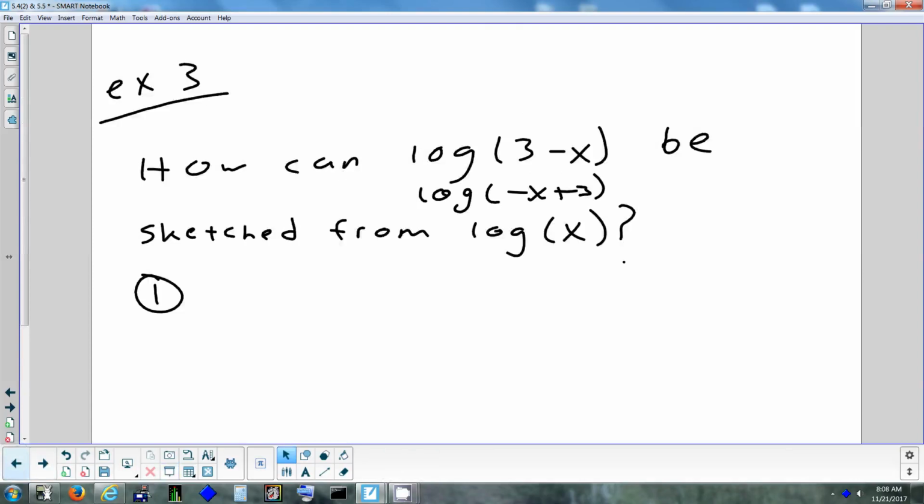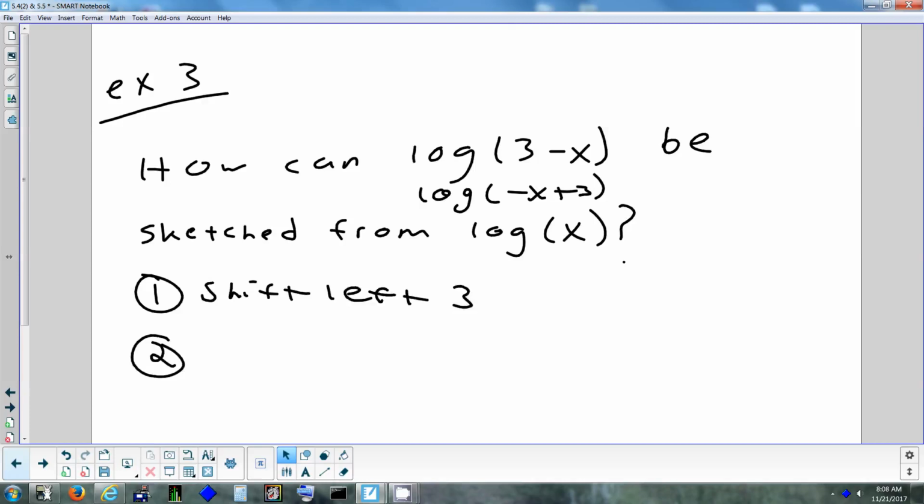So first transformation, you would deal with the plus 3. Gracie, what's plus 3 going to do? Horizontal shift. Horizontal shift, which way? Right. Let's see, plus 3 left. Yeah, so the horizontal stuff is always opposite. So that's going to shift left 3. And then the negative we just had in the last problem.